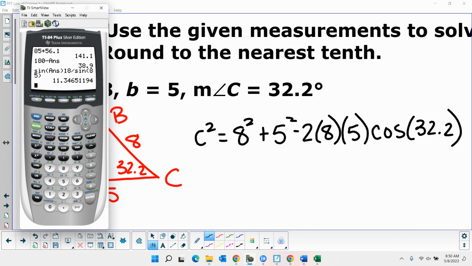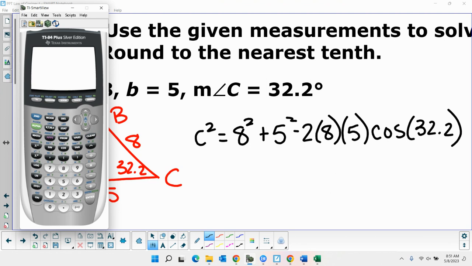So we'll go back over here. Remember to make sure you're in degree mode. I am. Yours should still be in degree mode, but if you do some different stuff on it, it might jump out of there for some reason. So just check to make sure.